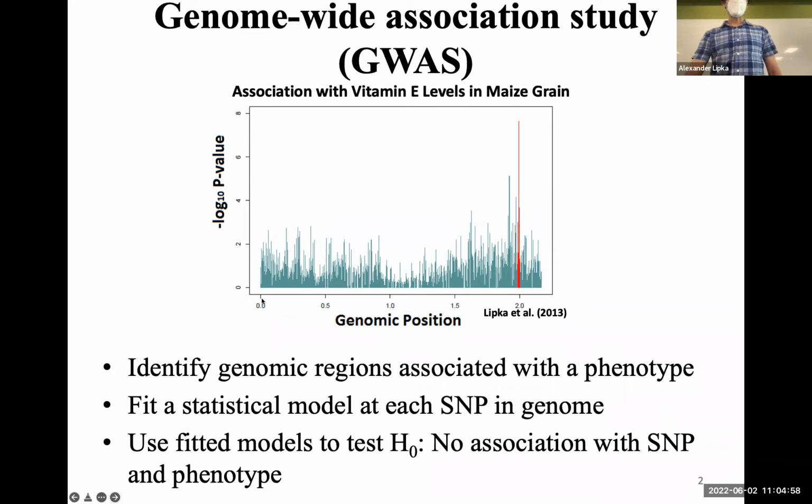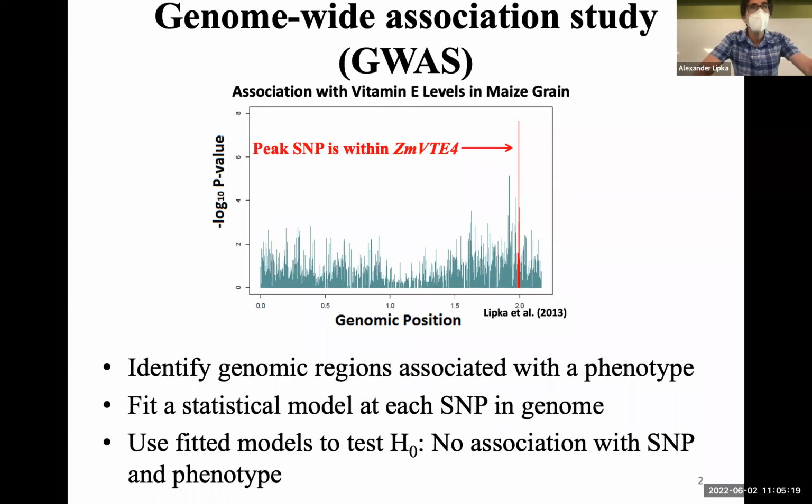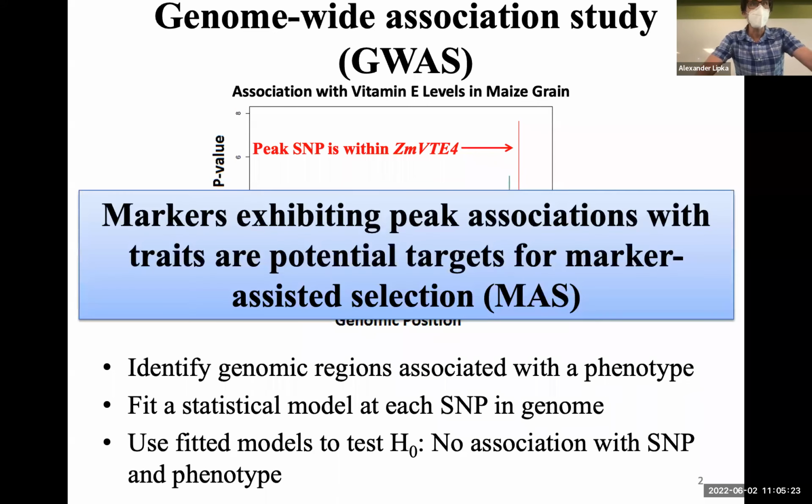Our x-axis here is all the SNPs on chromosome 5 of maize. Our y-axis is our negative log base 10 p-value that corresponds to this hypothesis test. And our peak association is within the coding region of the ZmVTE4 gene, which is good because we identified a peak association that makes biological sense.